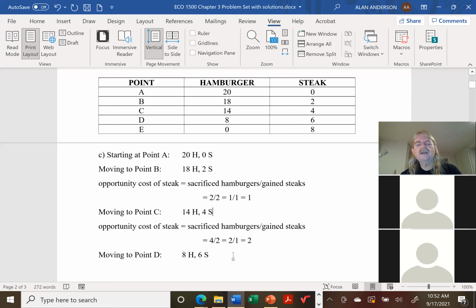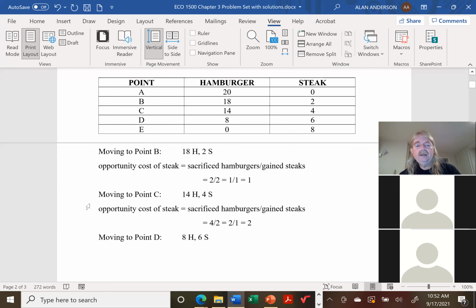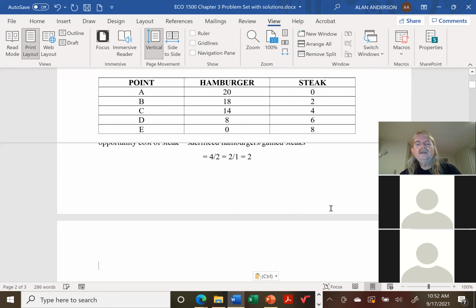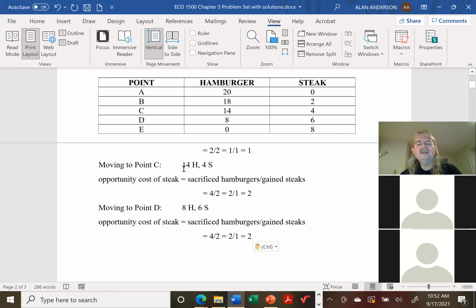I just want to be consistent here. So therefore, we're going to find that this time from C to D, we sacrifice 6 burgers to pick up 2 more steaks. And that's going to give us a ratio of 3 to 1, or just 3. So just as we predicted, the opportunity cost is rising.